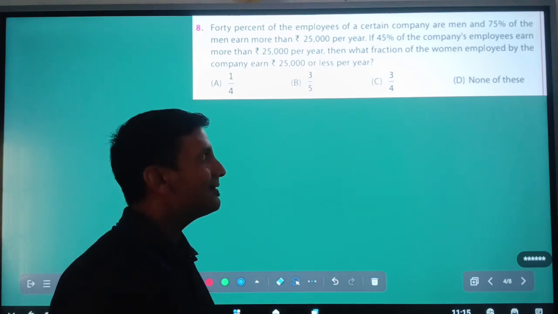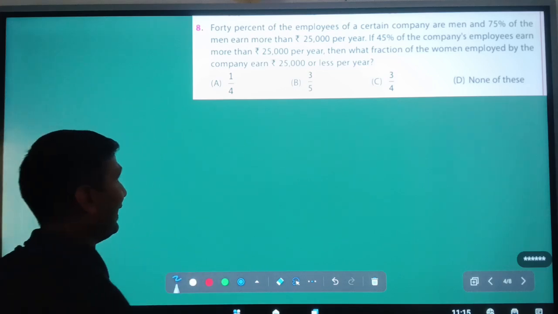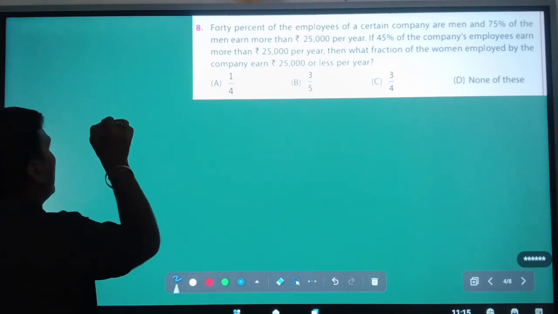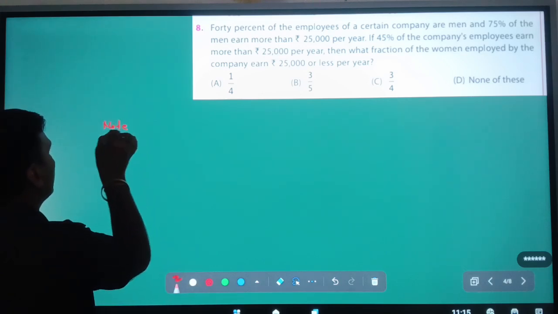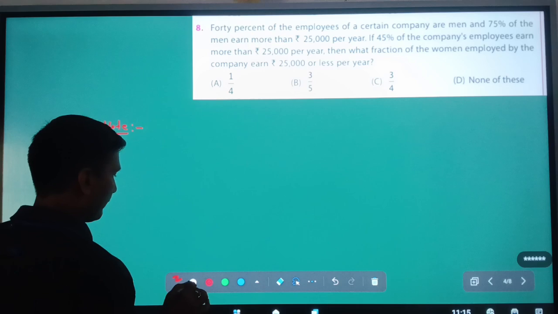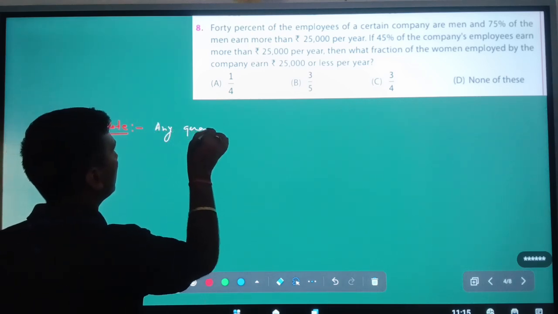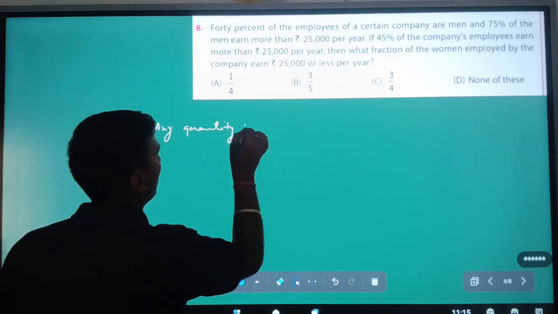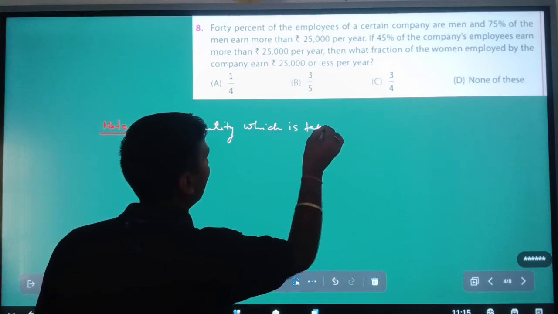So I will discuss it on the basis of 100. You can note it down on your paper: any quantity which is taken as base is 100% of itself.